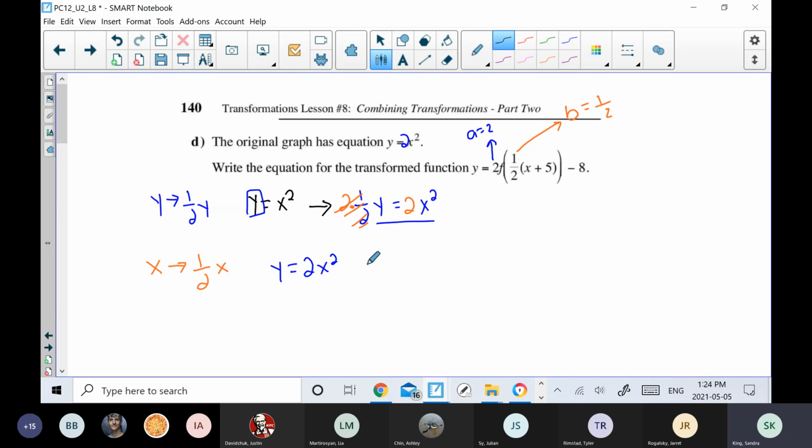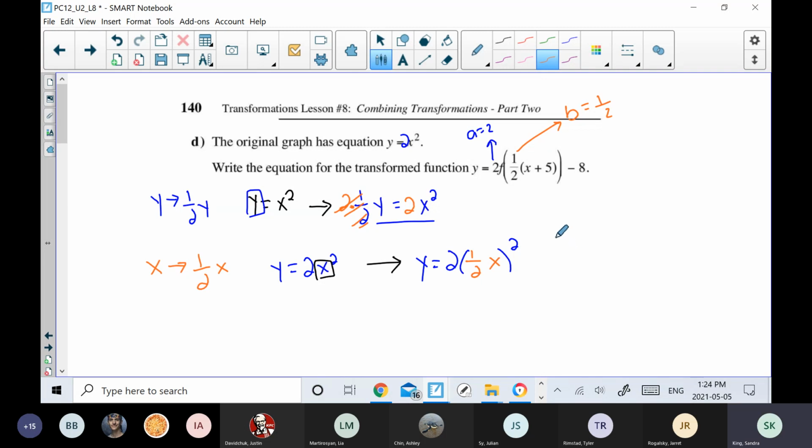And what we're going to do to this equation is I'm going to take this X out and I'm going to put in 1/2 X. Because there's a squared, I need to include a bracket and the square on the outside of my bracket. So what this would become is Y is equal to 2, that X comes out and 1/2 X goes in.